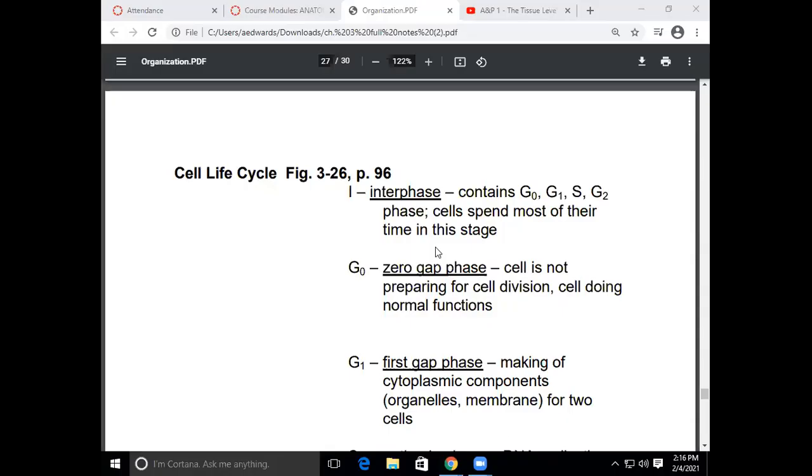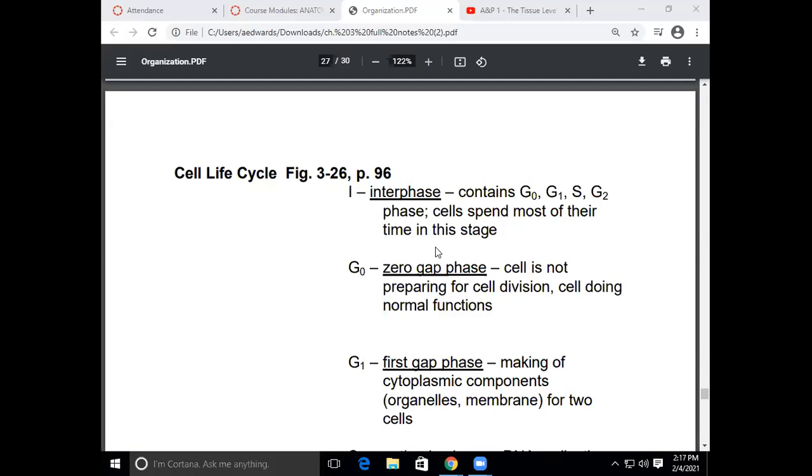All right, a little more about mitosis specifically, or actually the whole cell life cycle. Before we get to mitosis, let's talk about the steps in the cell cycle. Interphase is when most of the time your cell is alive.